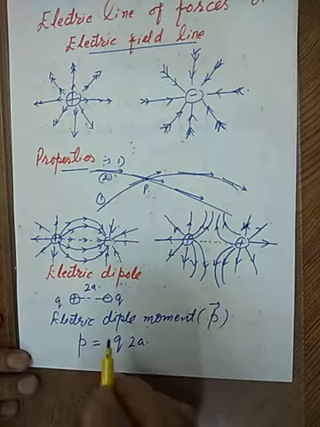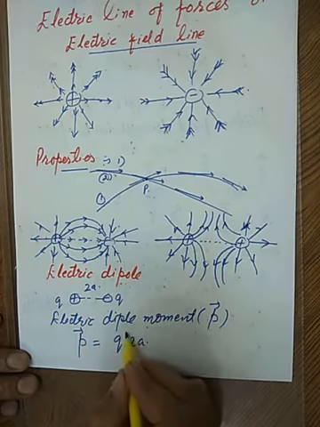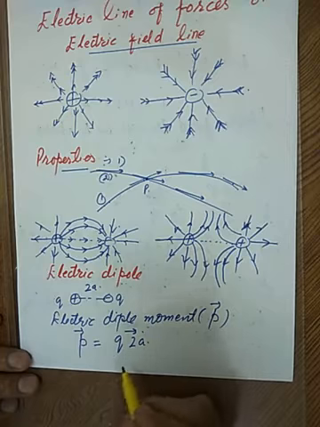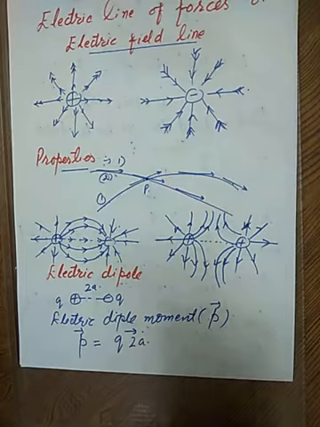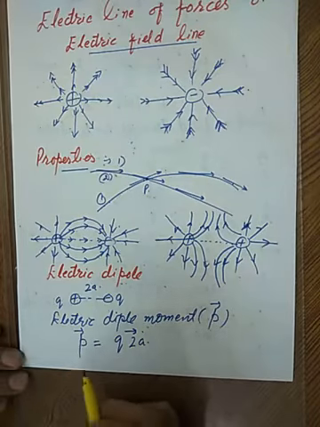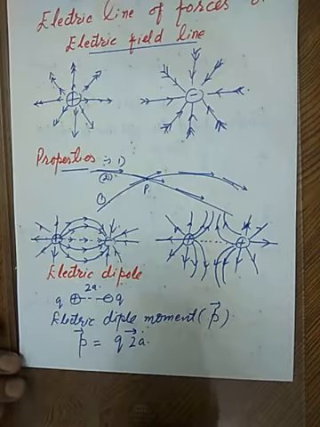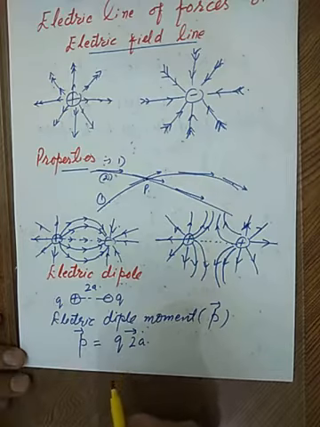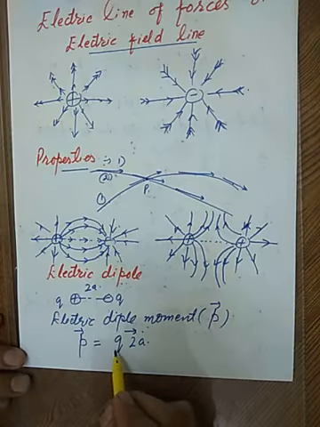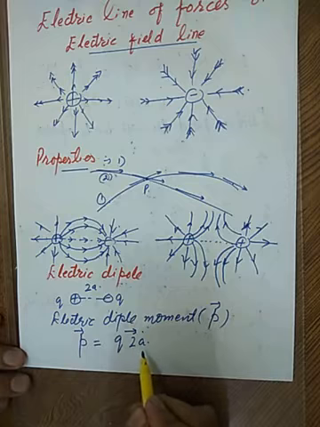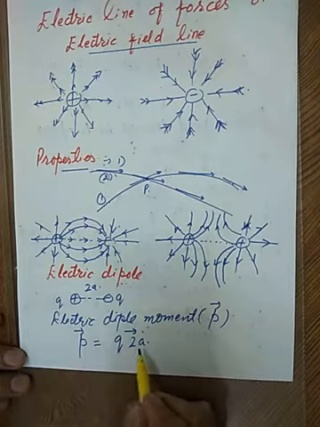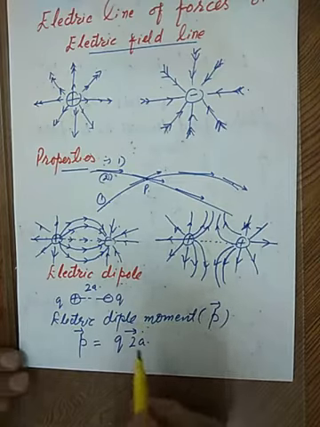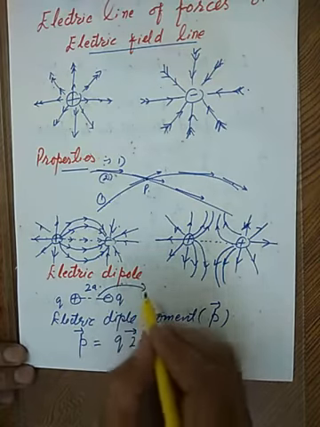As it is a vector quantity, it should be designated with an arrow on top of it. Another definition is that the electric dipole moment may be defined as the product of the magnitude of either charge and the distance between the two charged particles. Here the distance between the two charged particles is taken as the dipole length.